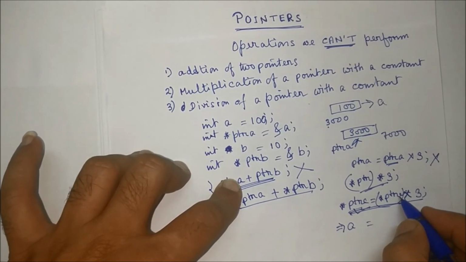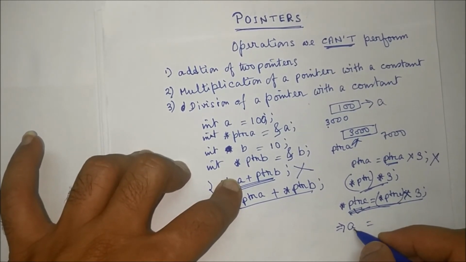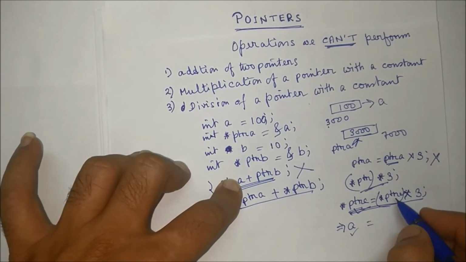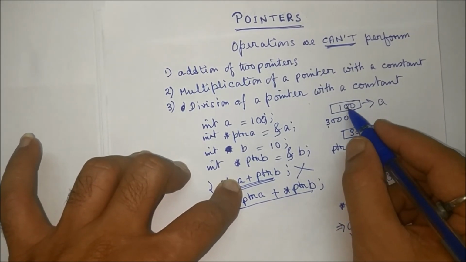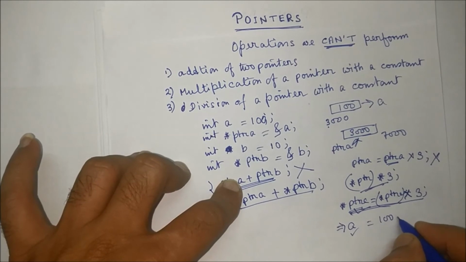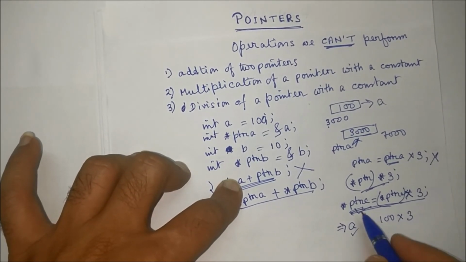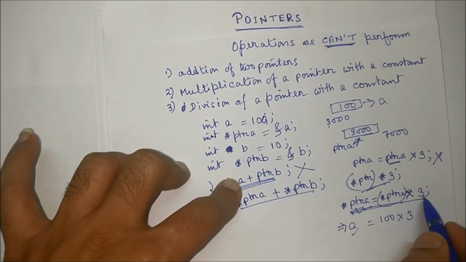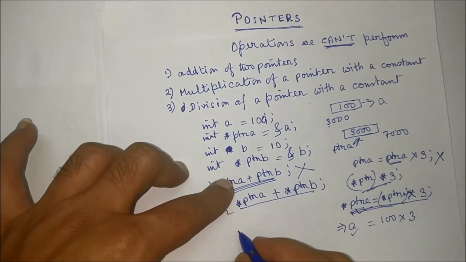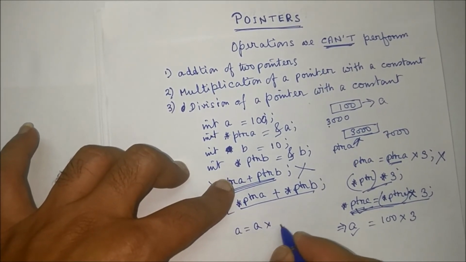It gives you the location, which you can refer to as the variable a, and then star ptr gives you the value of a, that is 100. So 100 into 3.